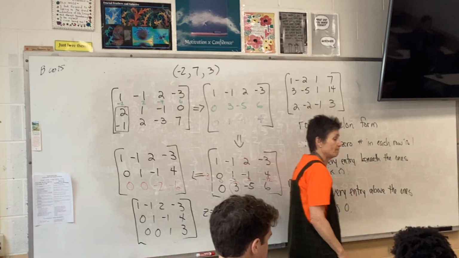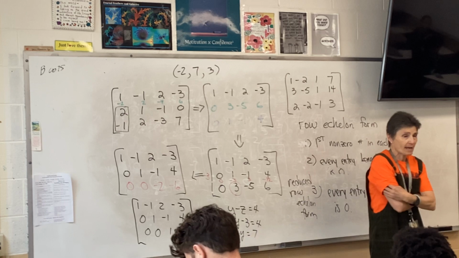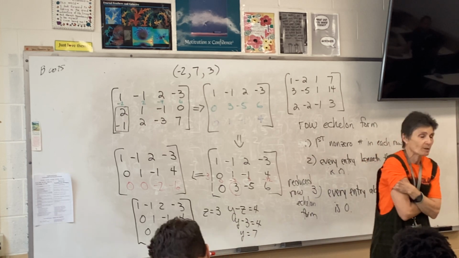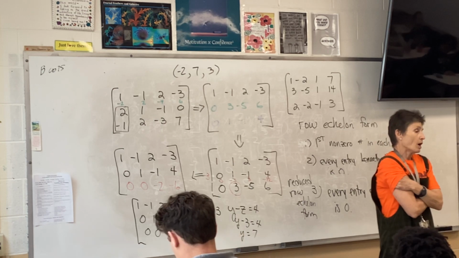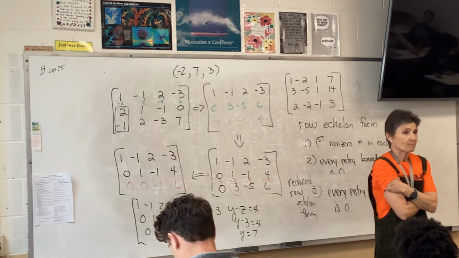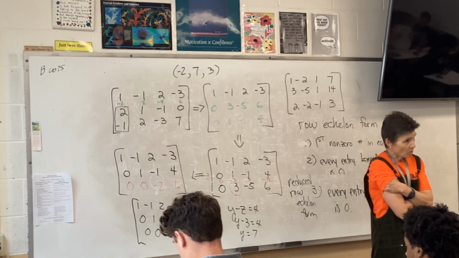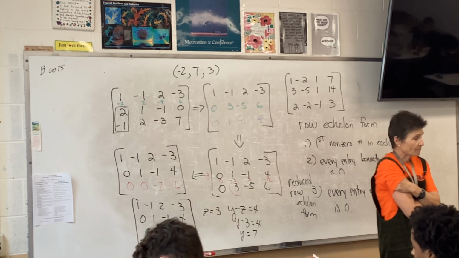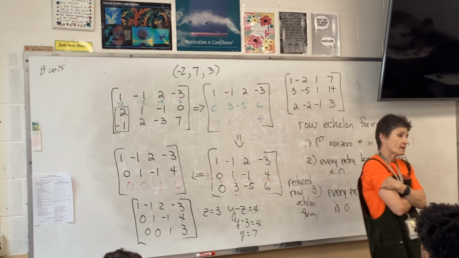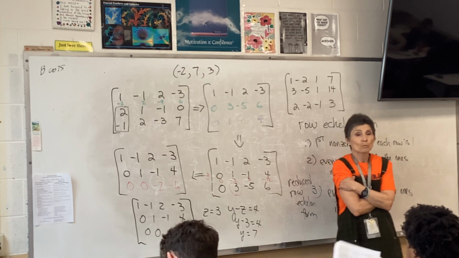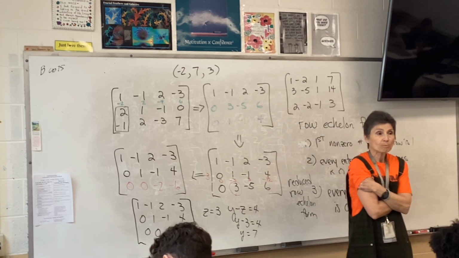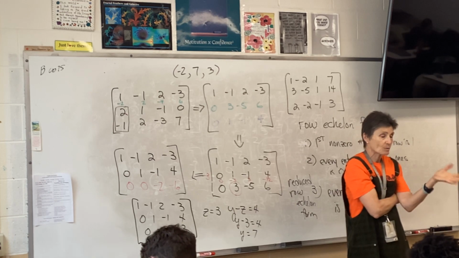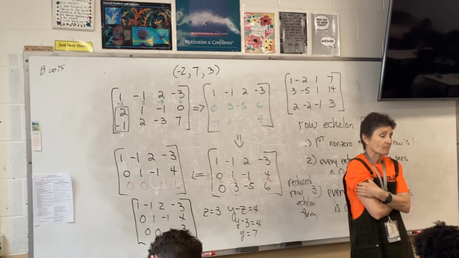Gauss-Jordan reduction is the process of putting a matrix into reduced row echelon form. Gaussian elimination goes to echelon form, regular row echelon form. Gauss-Jordan reduction goes to reduced row echelon form. They are both processes, the end result is a little bit different.